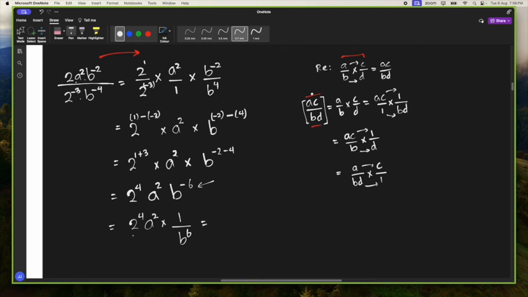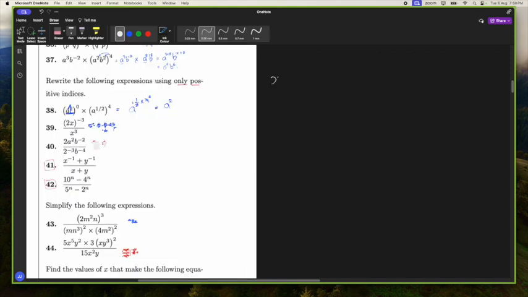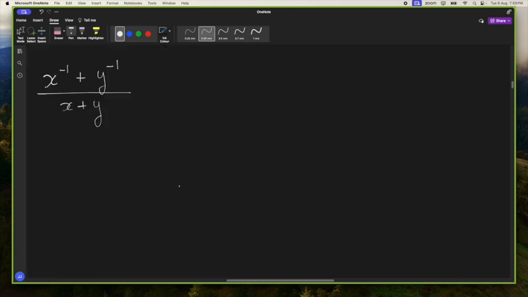And so, when you're multiplying your numerators and your denominators, for a final answer I will get 2 to the power of 4 a squared all over b to the 6. Next: x to the negative 1 plus y to the negative 1 all over x plus y.